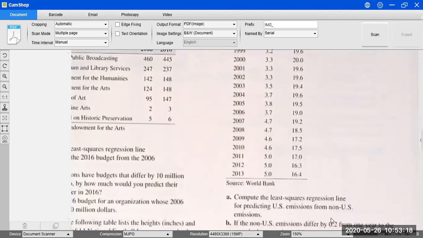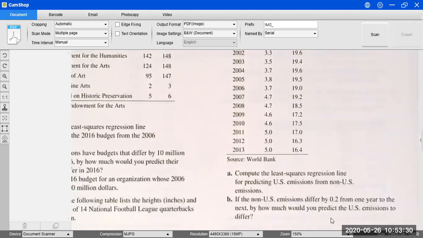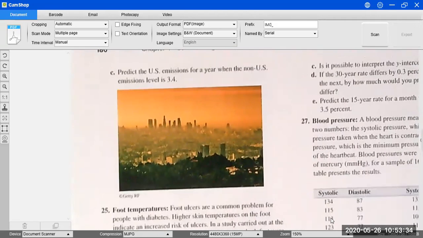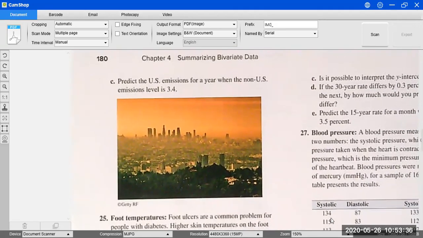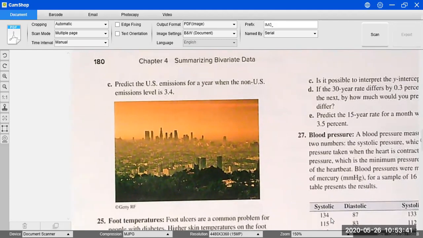Then you're going to compute the least square regression line. Then you're going to have a similar problem in part B that you're going to try to solve by yourself by reading the book. If you don't get it, send me an email and I can help you. And finally, part C is a prediction. You're going to predict the US emissions for a year when the non-US emissions level is 3.4.